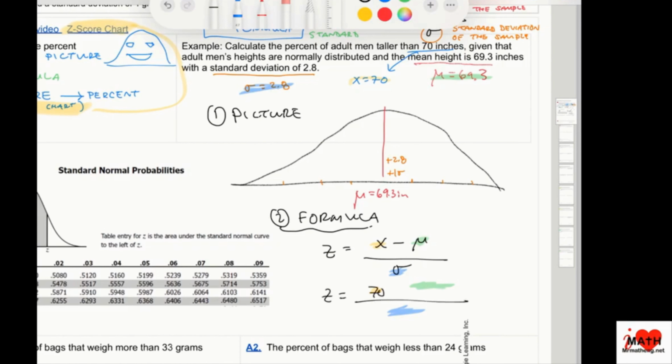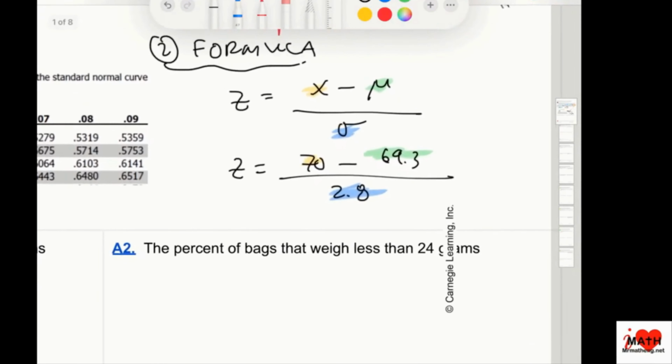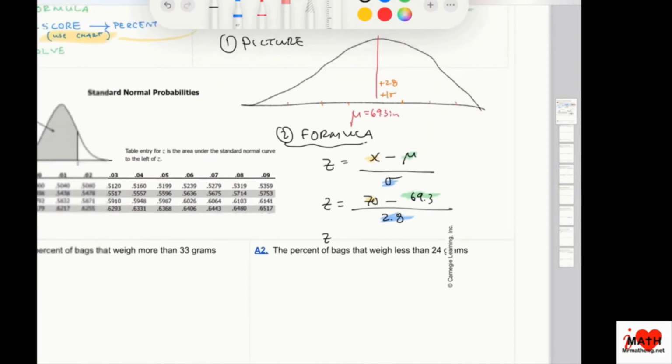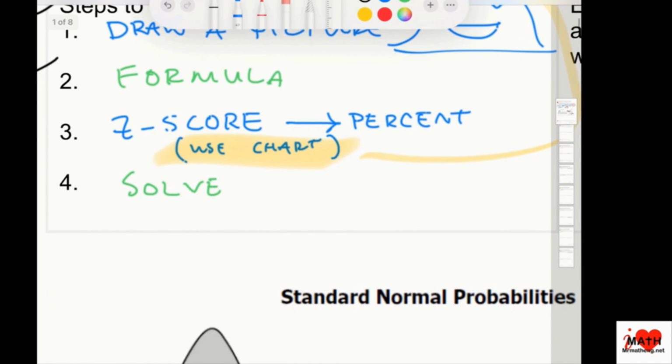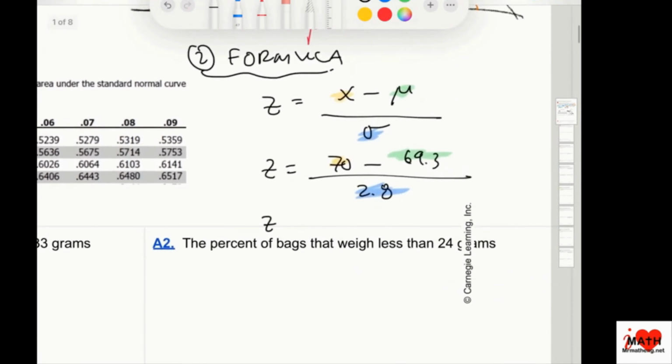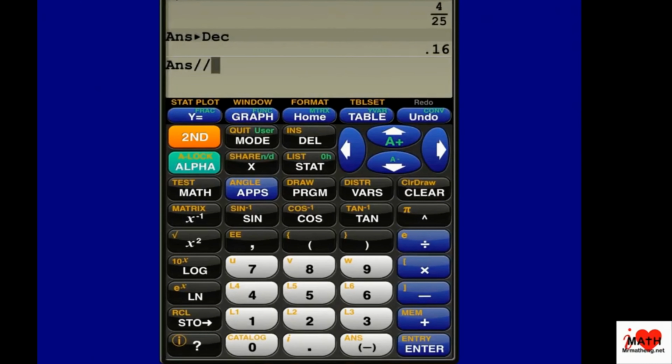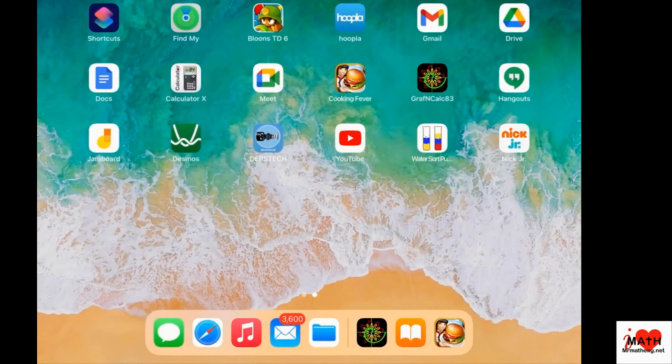X was 70, the mean was 69.3, and the standard deviation is 2.8. Now I need to figure out the z-score, or just the z value. You will get 0.7 divided by 2.8, and if you put that in your calculator, it is 0.25.